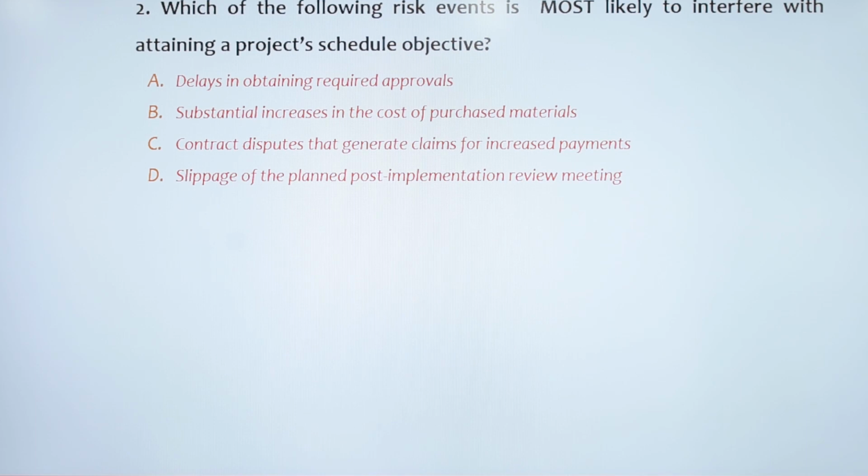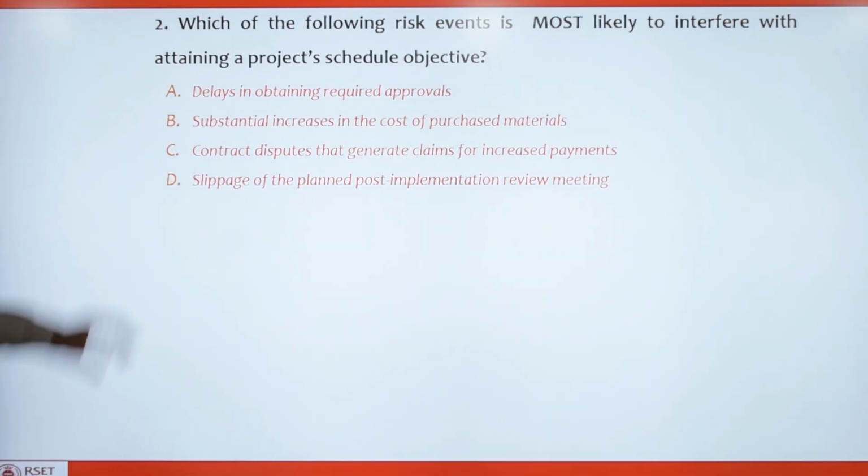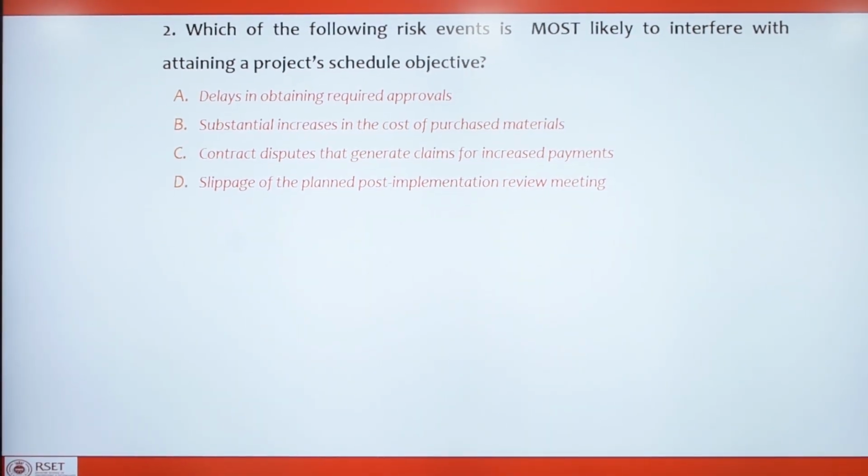Which of the following risk events is most likely to interfere with attaining project schedule objective? Option A, delays in obtaining required approvals. Option B, substantial increases in the cost of purchased materials. Option C, contract disputes that generate claims for increased payments. Option D, slippage of the planned post-implementation review meeting. So you can take an approach of eliminating the options in order to reach the answer.